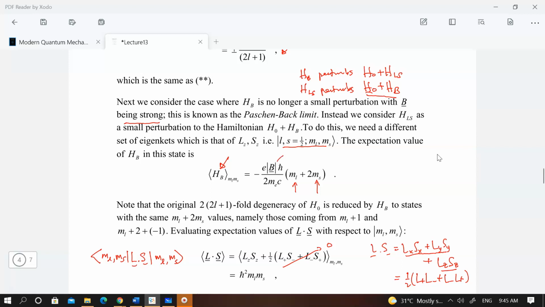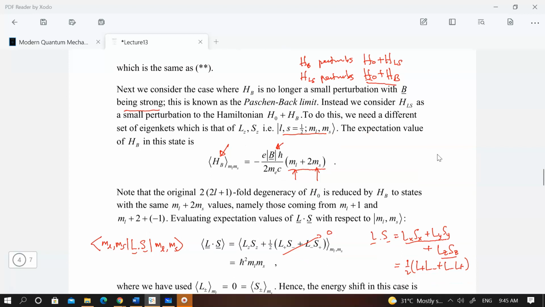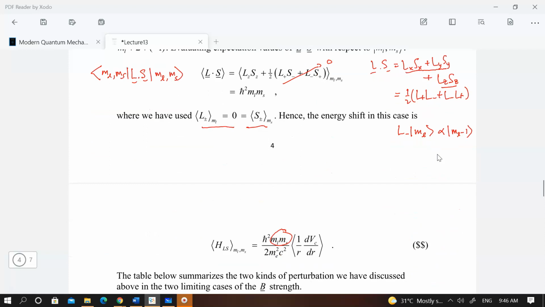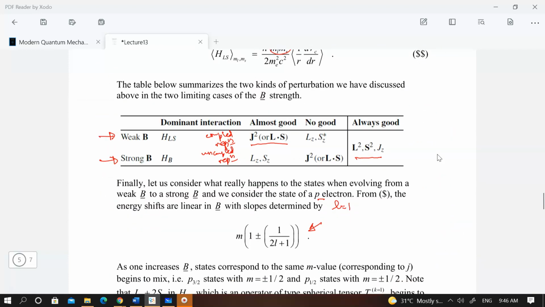Here again we treat your B as a variable. So what would be the slope? You can see that it is proportional to this, ML plus 2 MS. So how does it go from one case to the other?